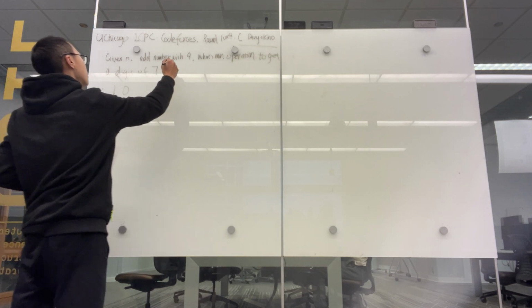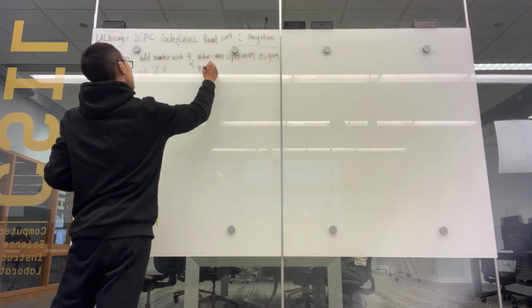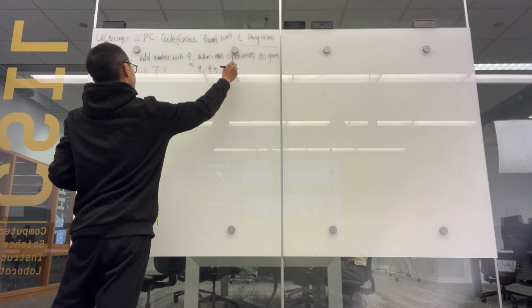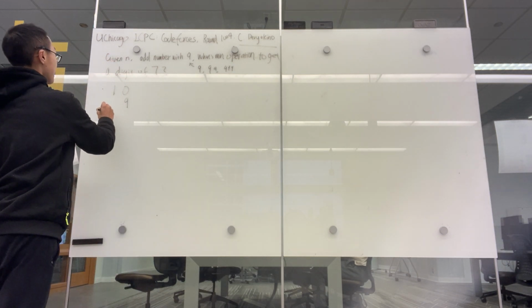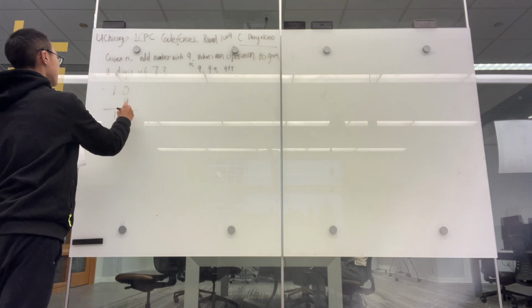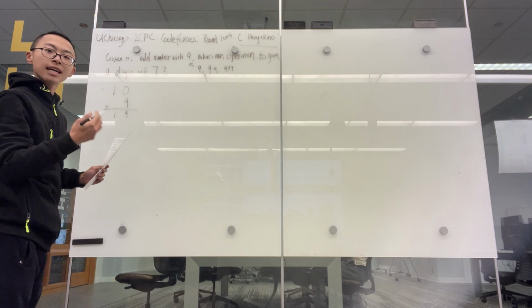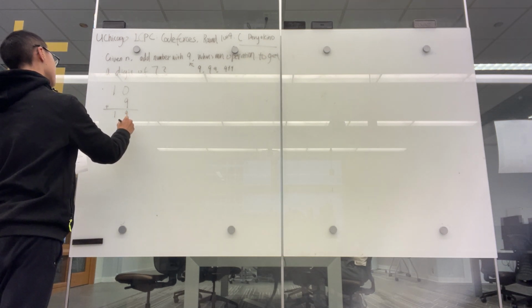So with numbers made of 9s, we can add 9, 99, 999, etc. Here, let's try adding a 9. We get 19. What's next? Can we also add a 9 again?